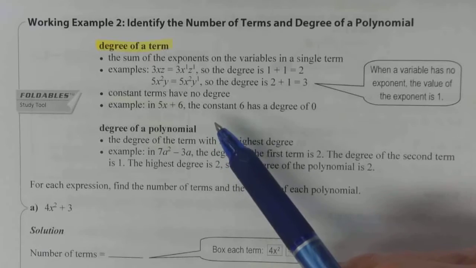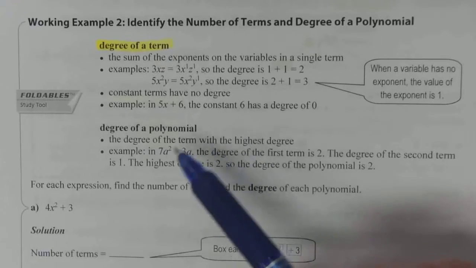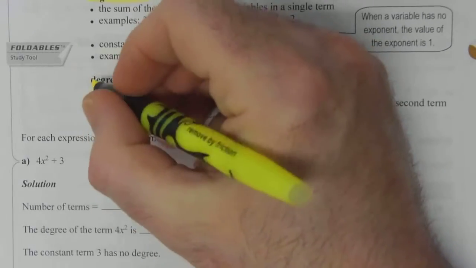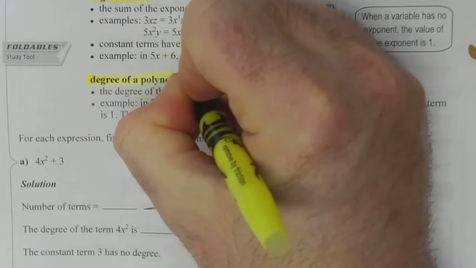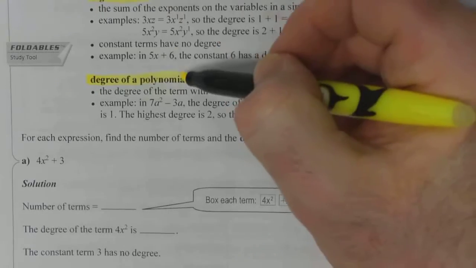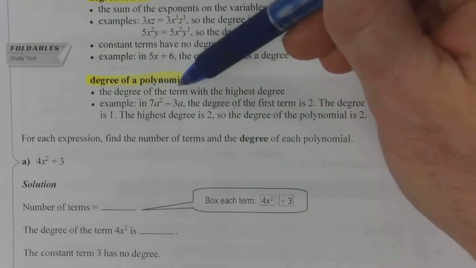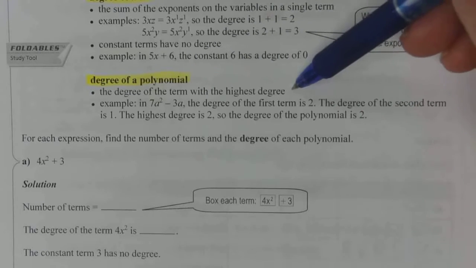So that's degree of a term. Now, a polynomial can have multiple terms, so we can also have degree of a polynomial. So you need to be able to differentiate between the degree of a term and the degree of a polynomial. The degree of a polynomial is the degree of the term with the highest degree.